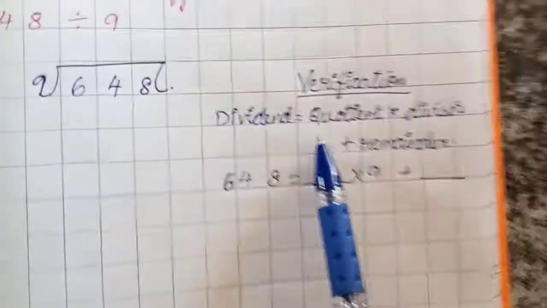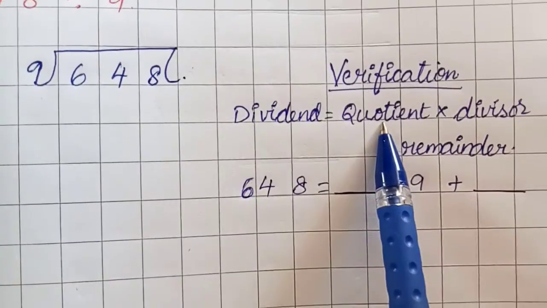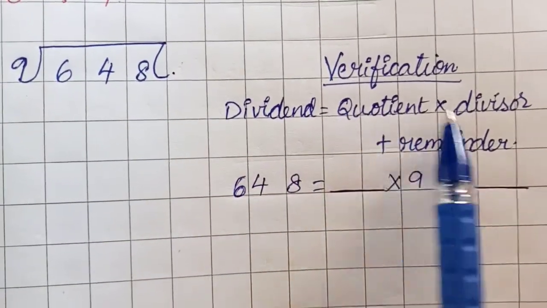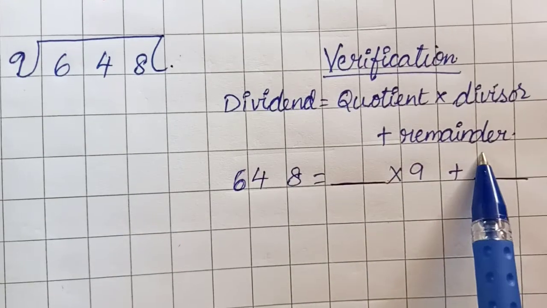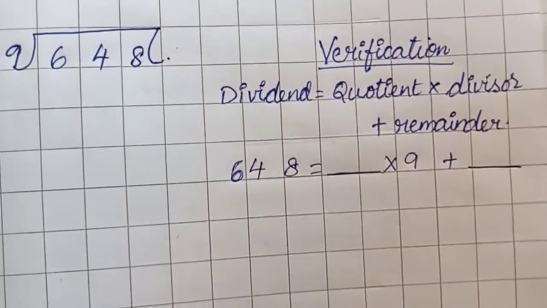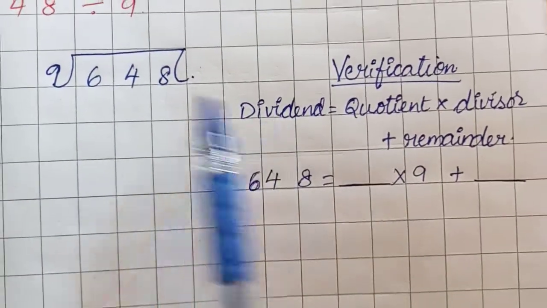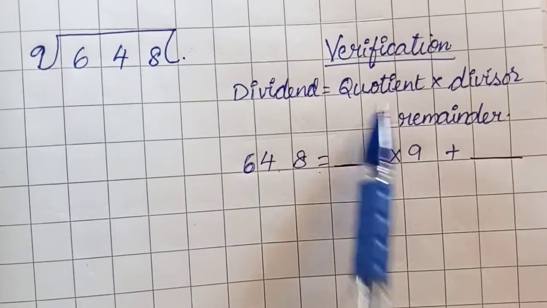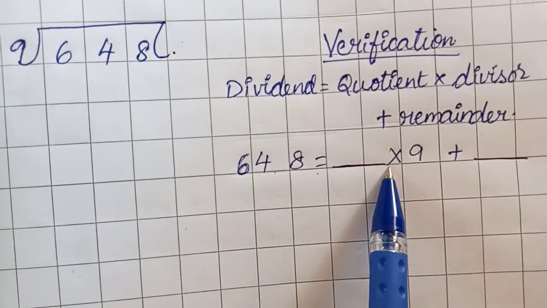So before that we have to do verification also, na? So I wrote already, dividend is equal to quotient into divisor plus remainder, right? So what is dividend? 648 equal to quotient is, we don't know the quotient yet, right?